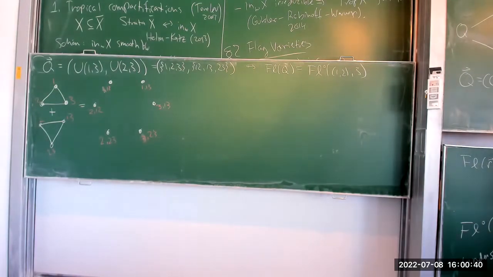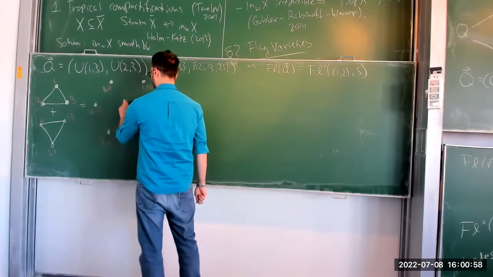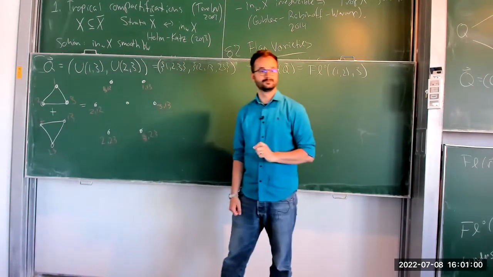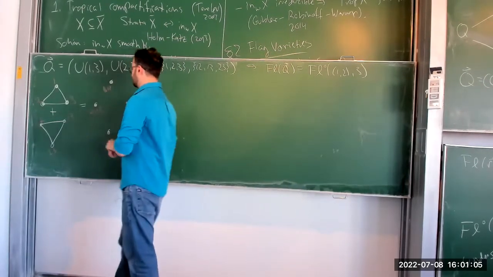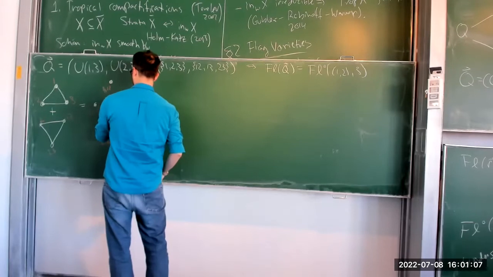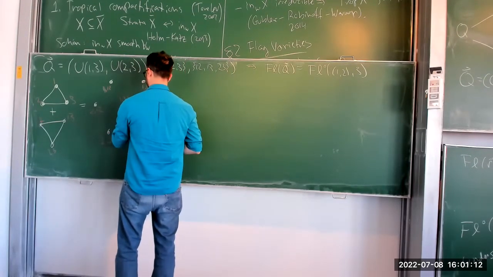Okay. But we don't have just these points, right? In the Minkowski sum of polytopes, you just take the convex hull, done. But for us, we actually will want to carry the data of the vertices. So we also have a vertex in the center. And this can be formed 3 ways. It can be formed as 1, 23. But it can be formed in 2 other ways.